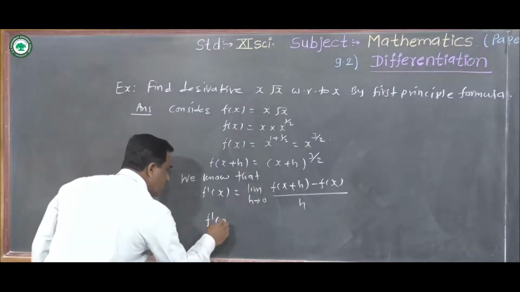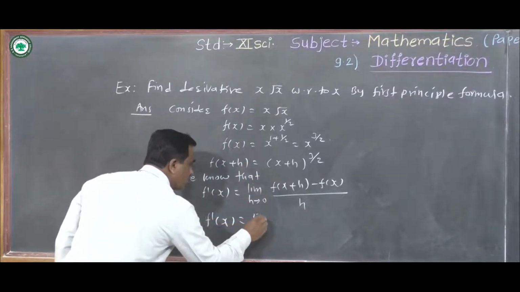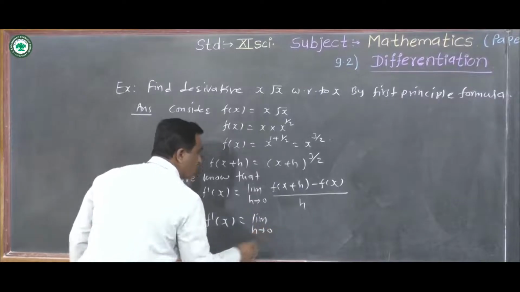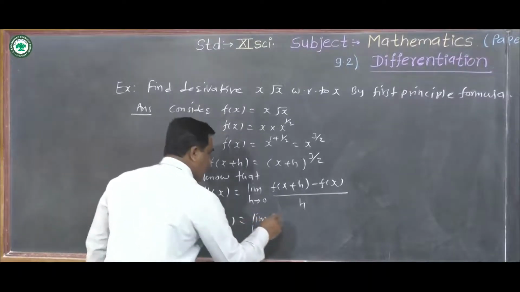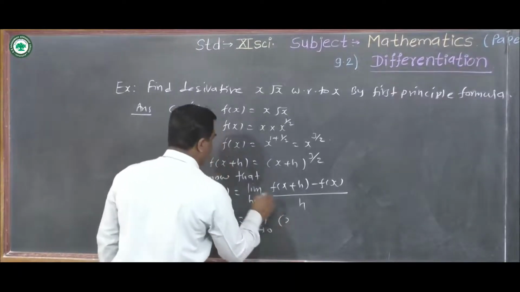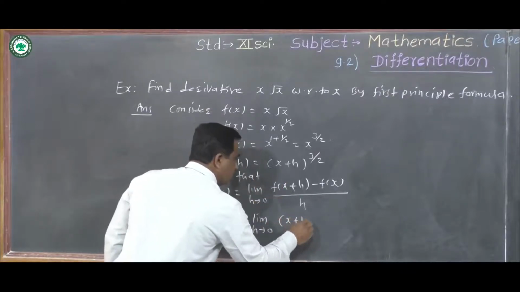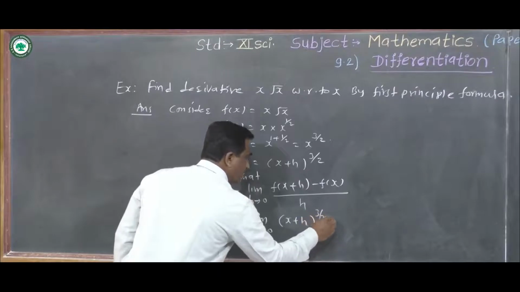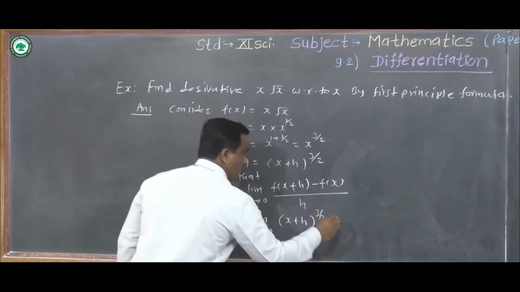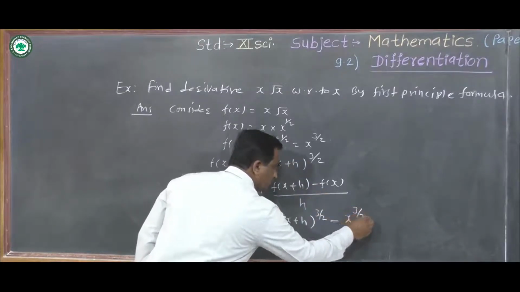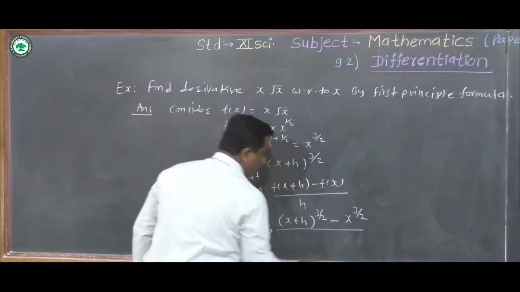That is f dash of x is equal to limit h tends to 0, f of x plus h means x plus h bracket raised to 3 by 2 minus f of x means x raised to 3 by 2 upon h.